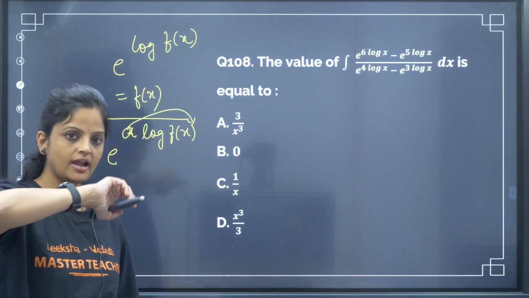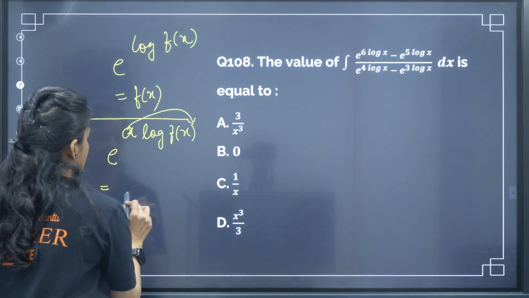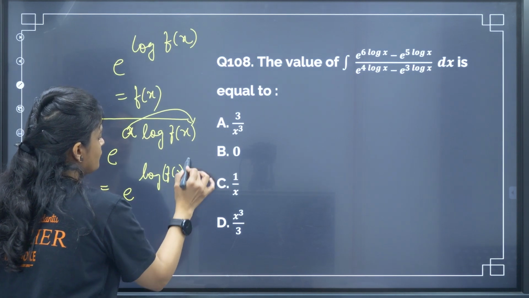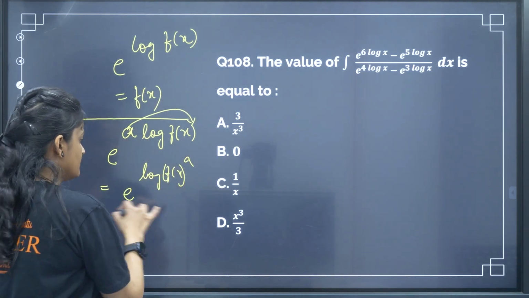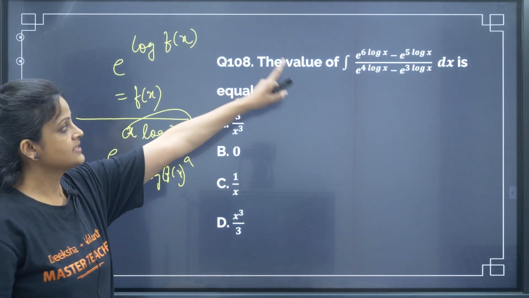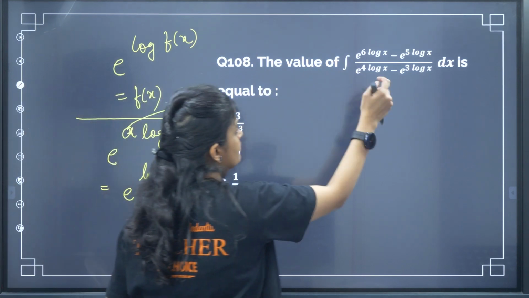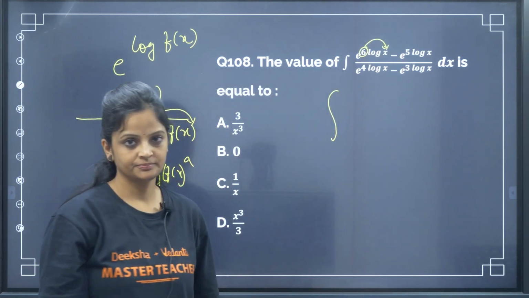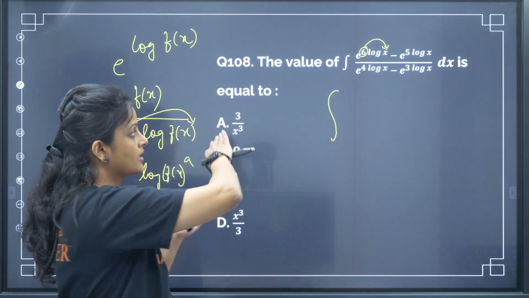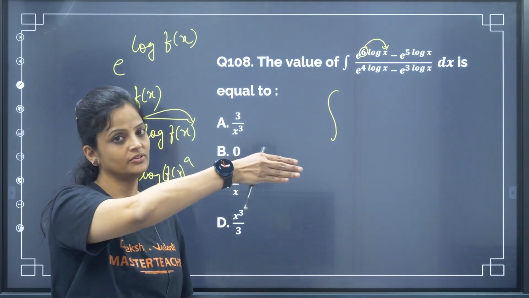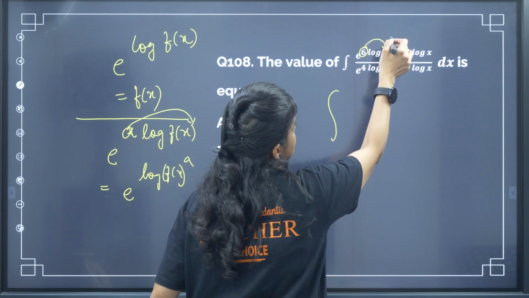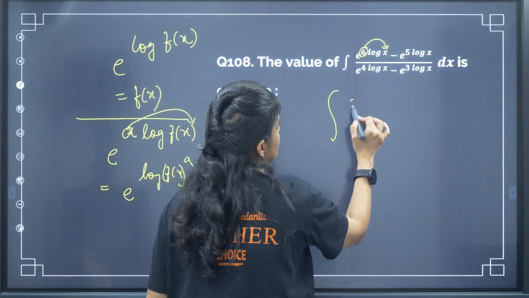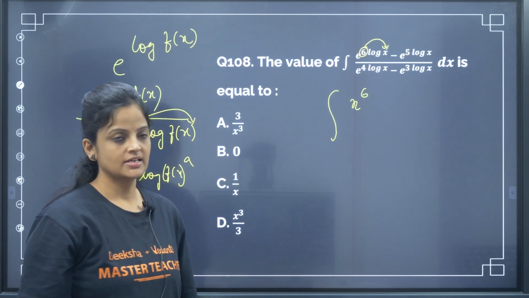Using the property, I am taking the power back, making it f of x whole to the power of a, whatever is given. Then eliminate this. Same thing is happening in each term actually. So this power 6 will go and sit back. Monkey has come down, monkey is going back to the tree again. Think of it like that. 6 is going back to its place, and e and log will get eliminated. I will get only x to the power of 6.